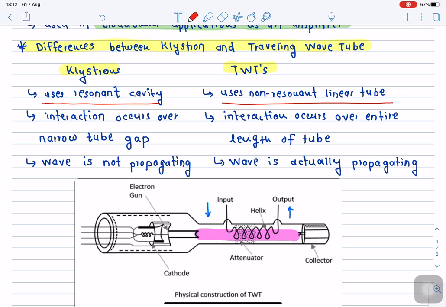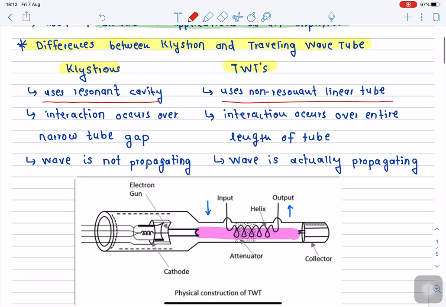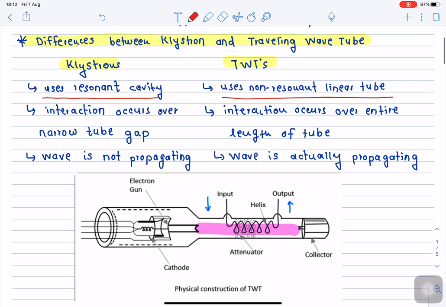As it is non-resonant in operation, this traveling wave tube amplifier can be used to amplify large broadband microwave signals. So the amplification can be controlled over a broad range of frequency rather than amplifying a particular frequency component of the microwave, which normally happens with klystrons.